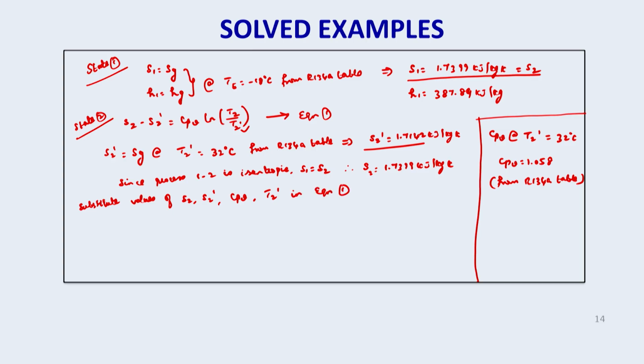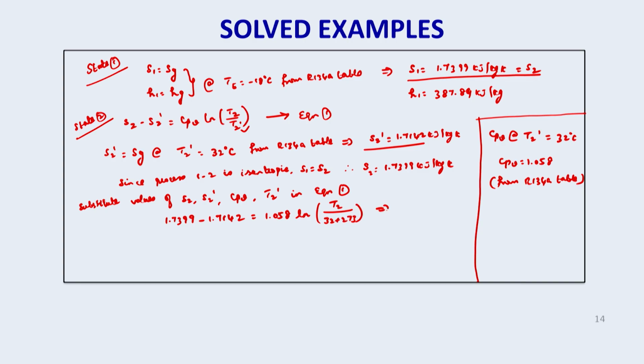So S2 is 1.7399, minus S2 dash 1.7142, equal to Cp, which is 1.058, into ln of T2 by T2 dash. T2 dash is 32, so we have to convert it into Kelvin.